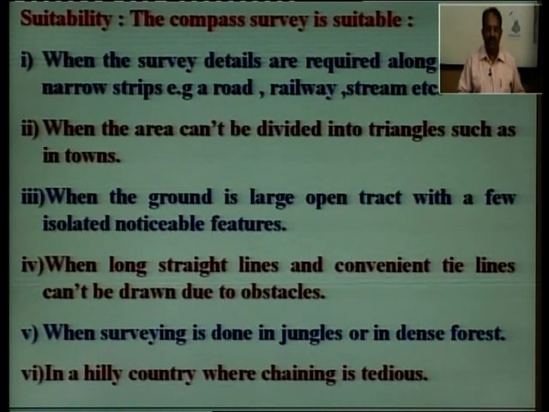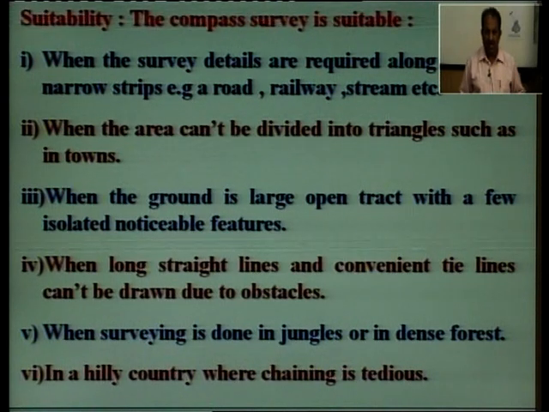So, suitability. How is compass survey suitable? The compass survey is suitable, number 1, when the survey details are required along long narrow strips. Which are long narrow strips? For example, a road, a railway line, or a canal or stream. In those cases, compass survey is more suitable.